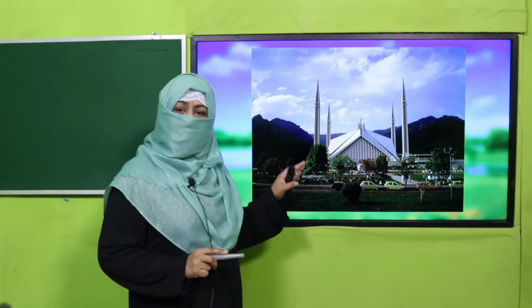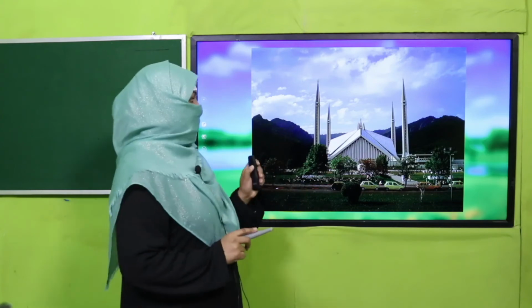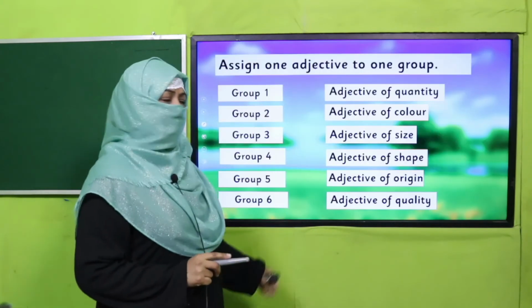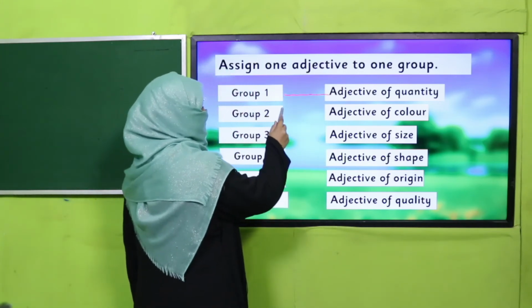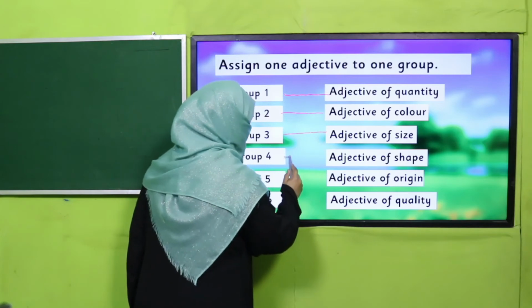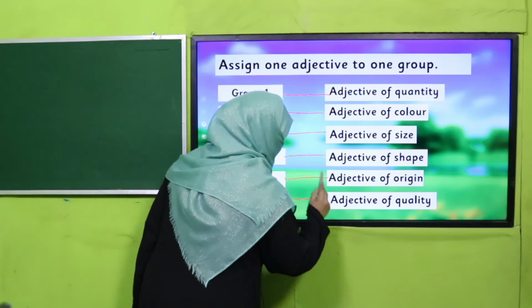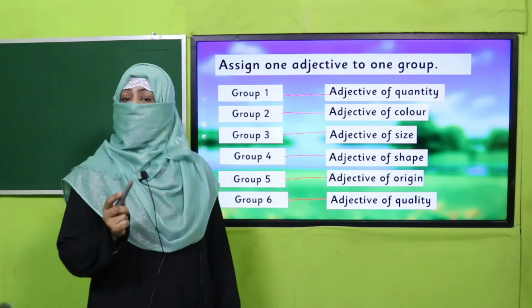Yes, my dear students, I hope all of you have mentioned the assigned adjective about this object. Now I'm going to shuffle the assigned adjectives. Now group 1 will tell about quantity, not quality, okay? So likewise, I have changed the assigned adjectives to groups, and I'm going to change the object.